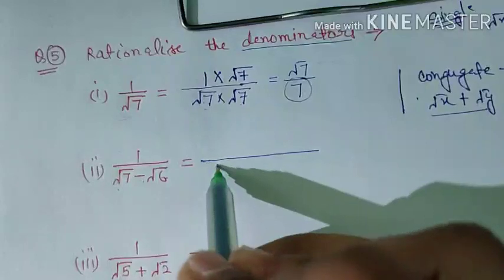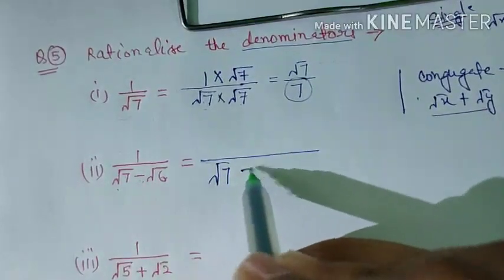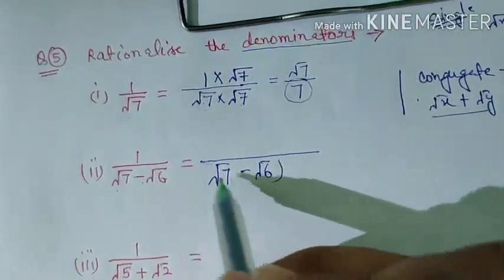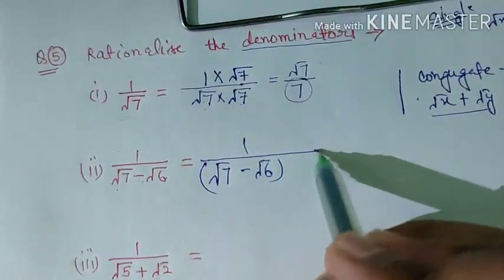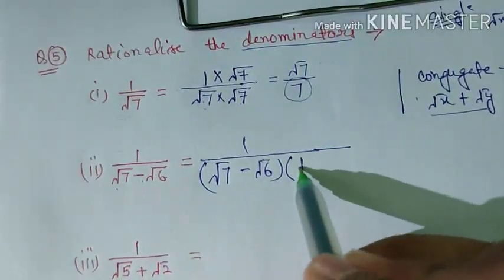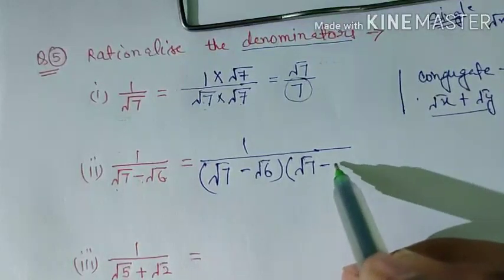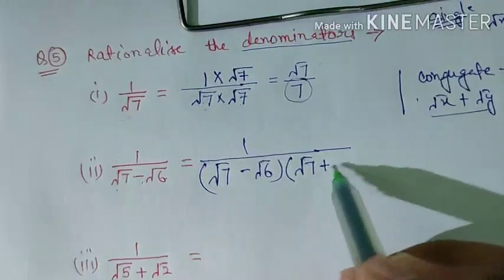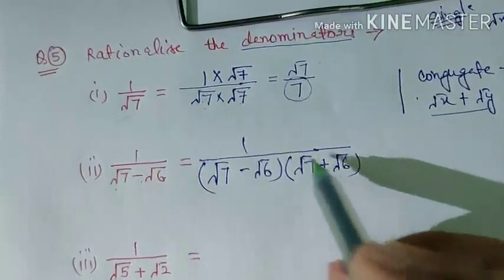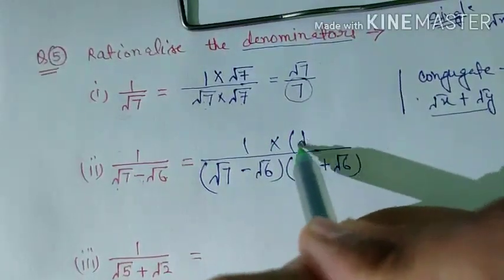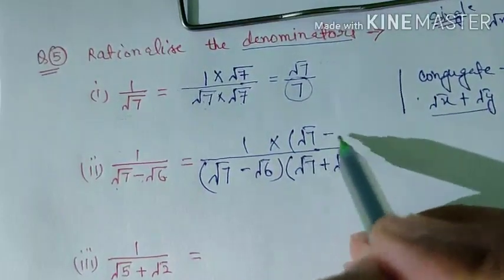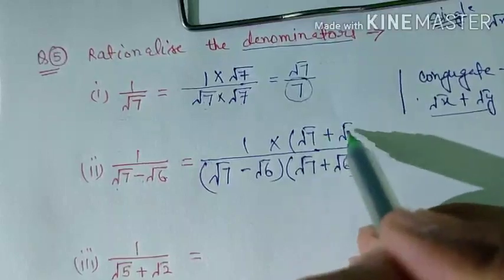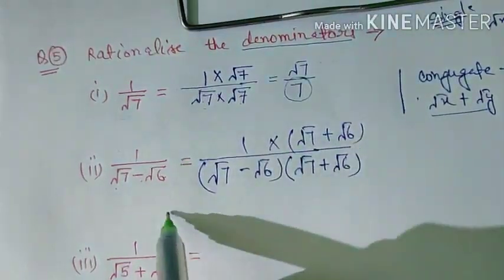So let's see what you will get. In the denominator, root 7 minus root 6 will multiply root 7 plus root 6, and similarly root 7 plus root 6 in the numerator.